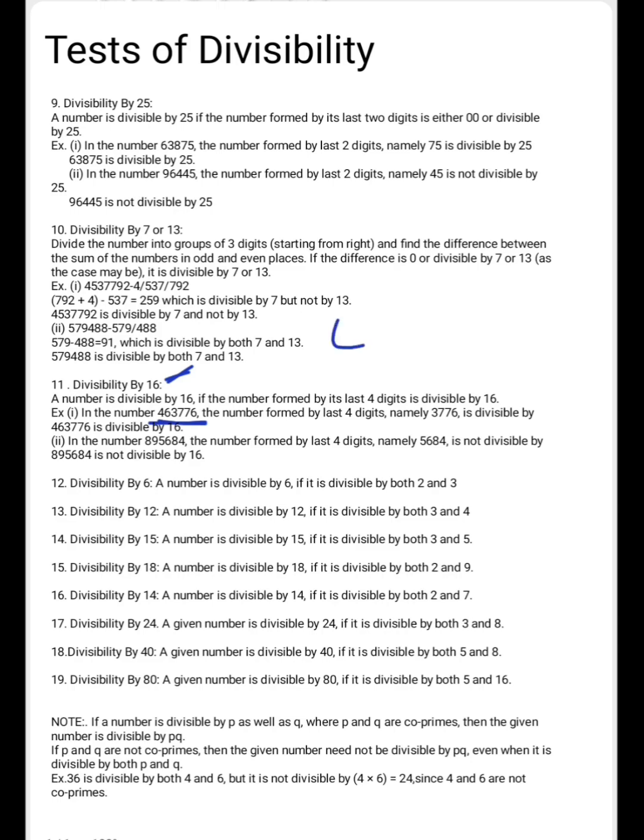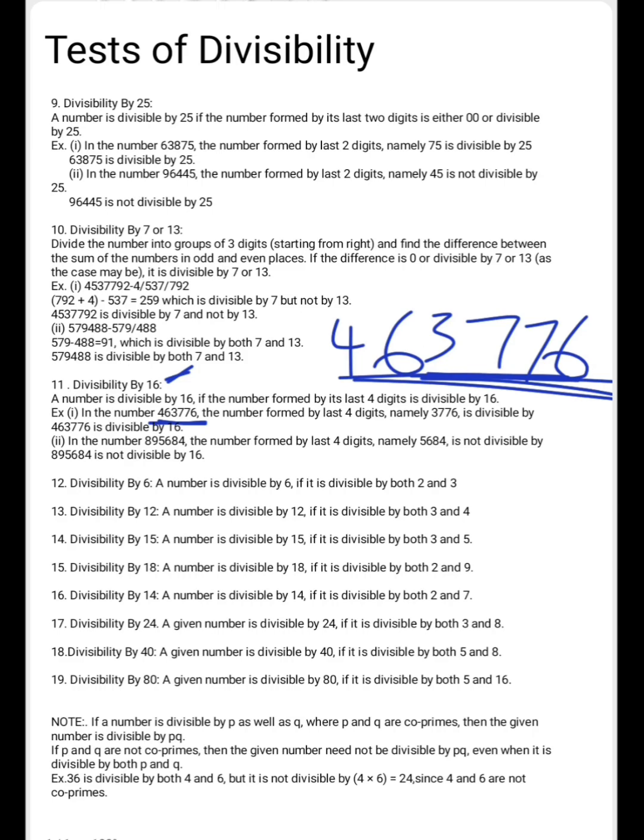Okay, we are given an example of 463776. For the testing of the 16th rule, we need to take the last 4 digits, 3776. If the last 4 digits are divisible by 16, then the entire number will be divisible by 16.